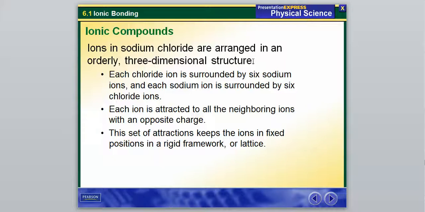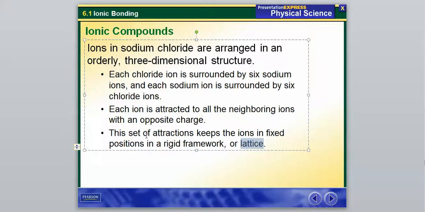All negative ions are surrounded by positive ions, and all positive ions are surrounded by negative ions. That's going to make a really strong structure. This set of attractions keeps the ions in fixed positions in a rigid framework, or a lattice. This word has been mentioned before with a crystal lattice.